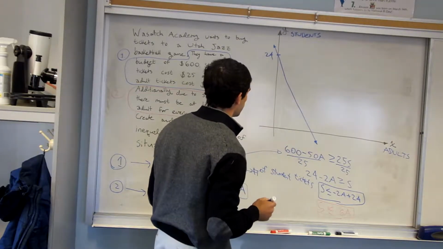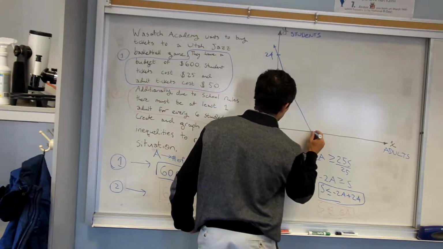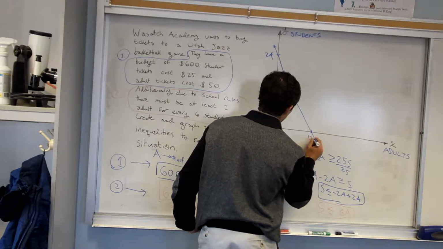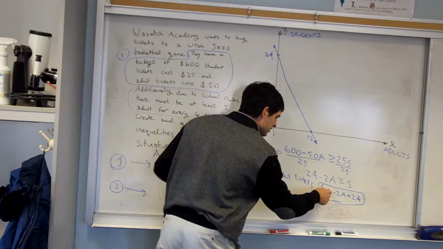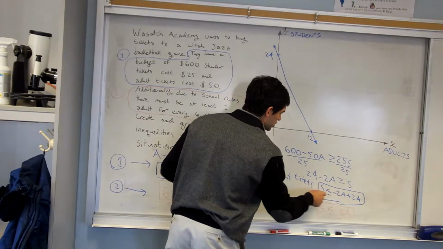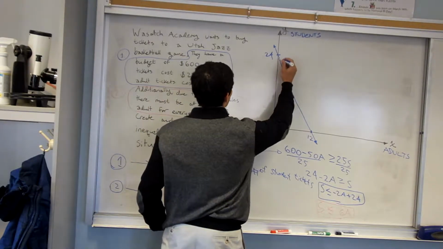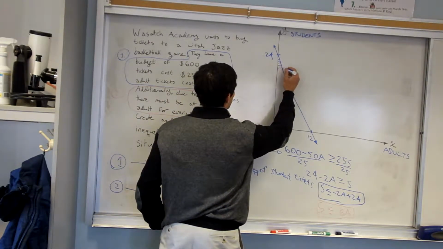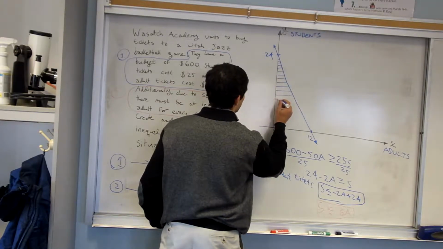And since the slope is negative 2, this intercept is going to be at 12. And we have S is less than or equal to negative 2A plus 24. So I'm going to shade in the area under the graph.